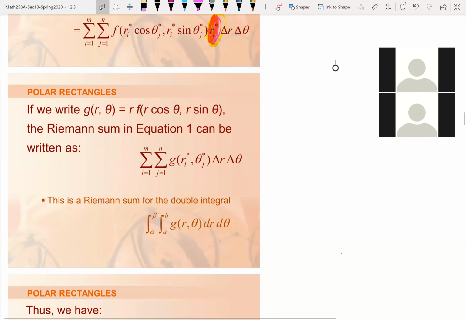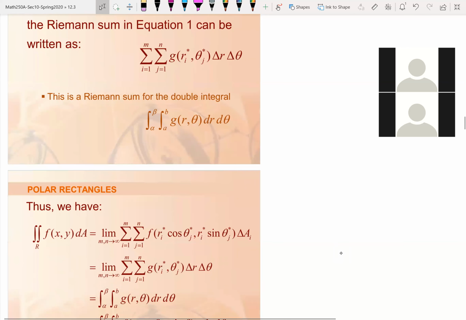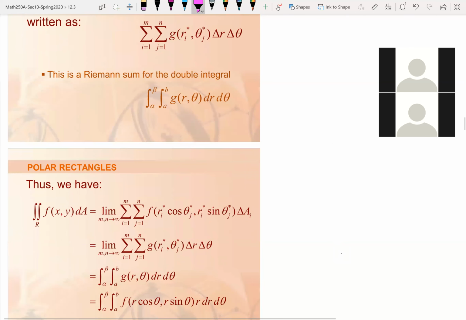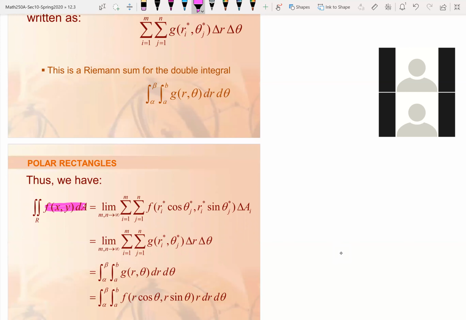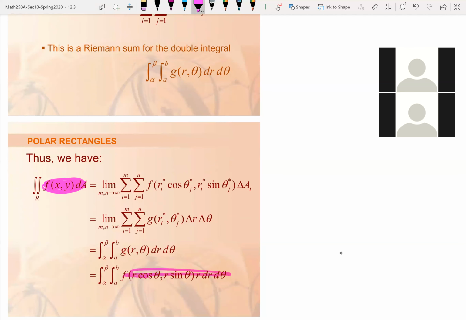Okay, all I need to know from here is that when you make the pieces more and more, you can move easily from xy coordinates to polar coordinates by just remembering it's not dx dy exactly equal to dr d theta.